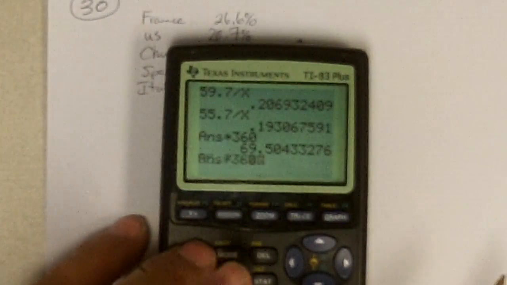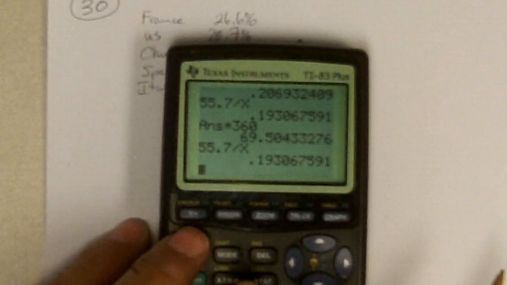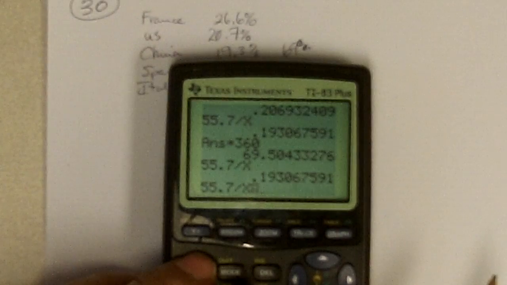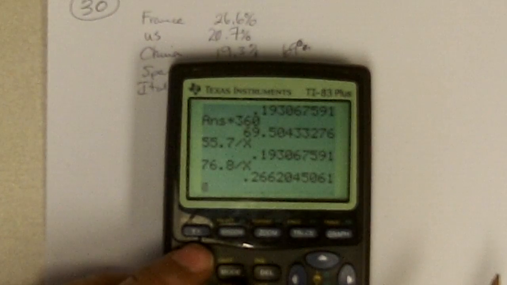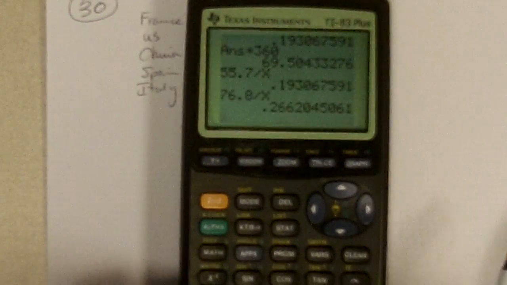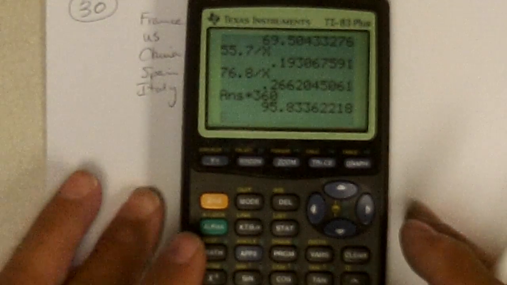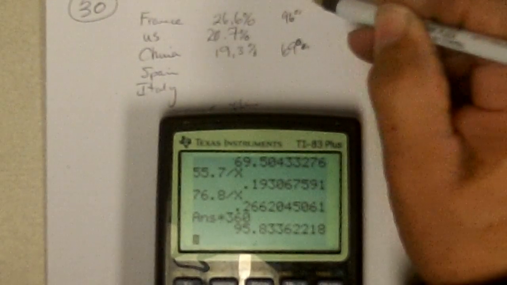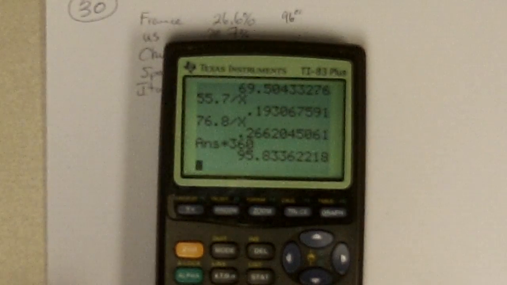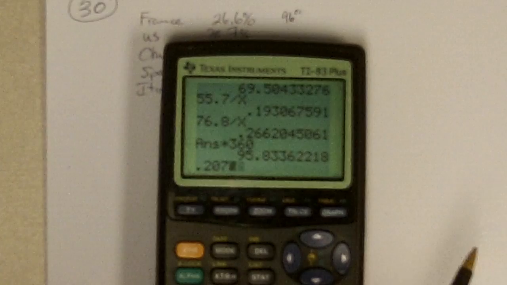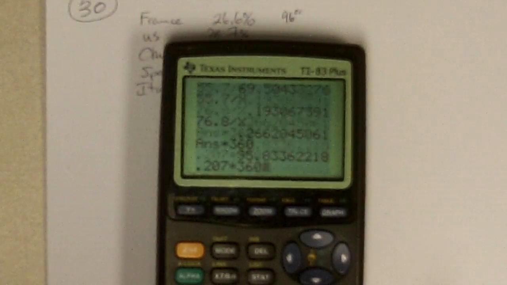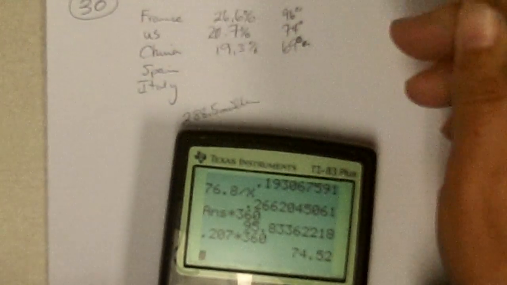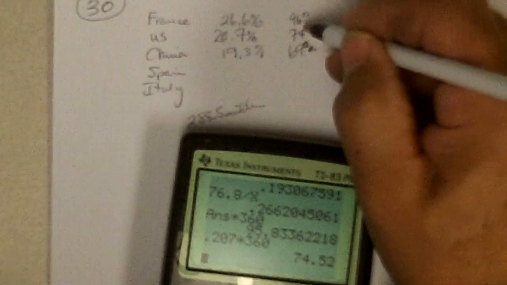The first one, France, times 360 is 95.8 degrees, 96 degrees. The 20.7, .207 times 360 is 74.5, 75 degrees probably be better.